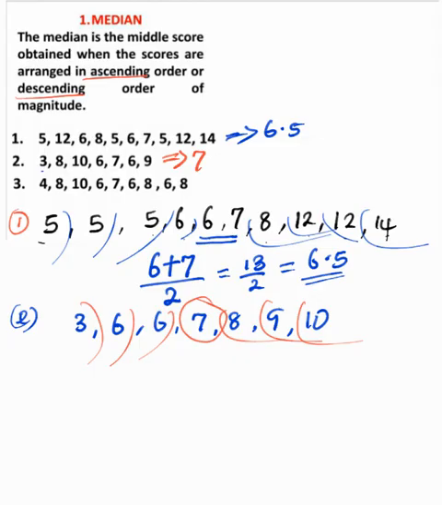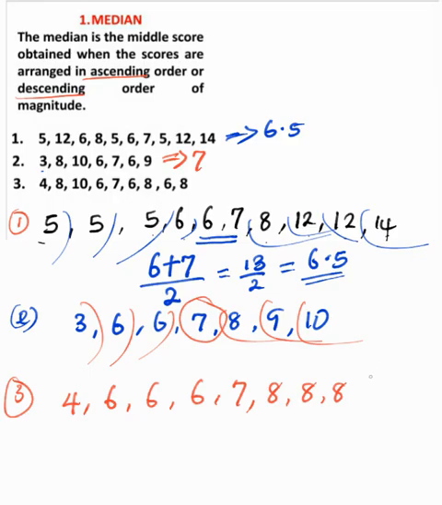For the third question, we do the same. Number 3, we have the least, which is 4, followed by 6 twice, 6, 6, and another 6 again. So we have 7 there. We have 3 8s, right?